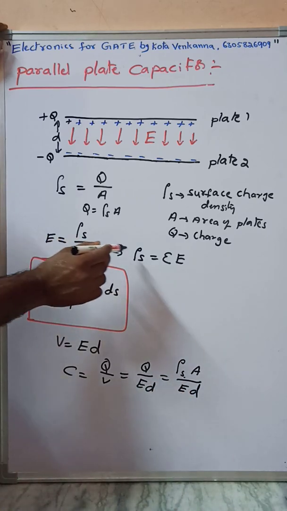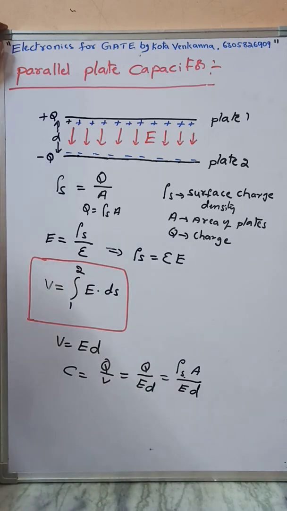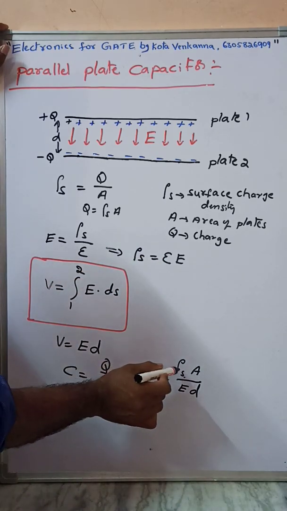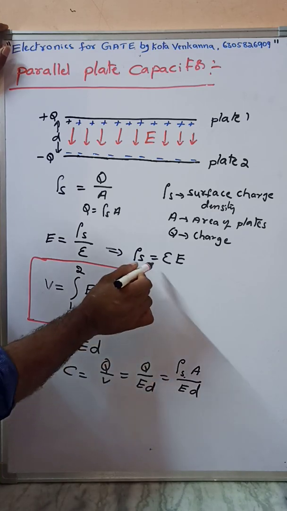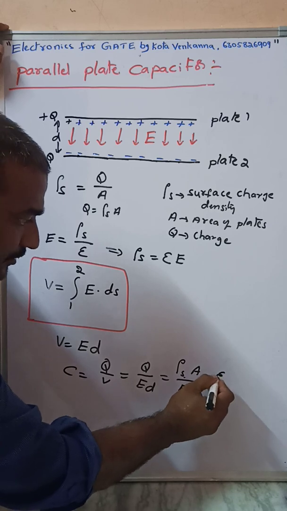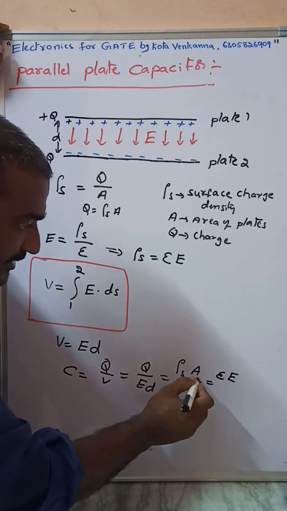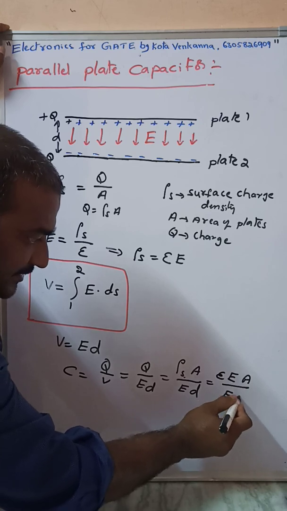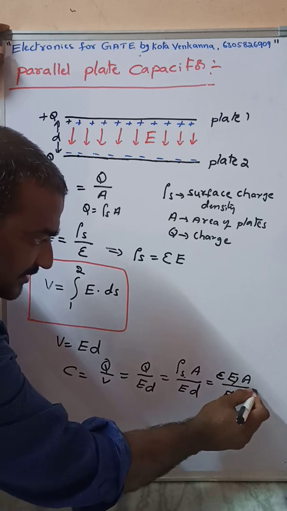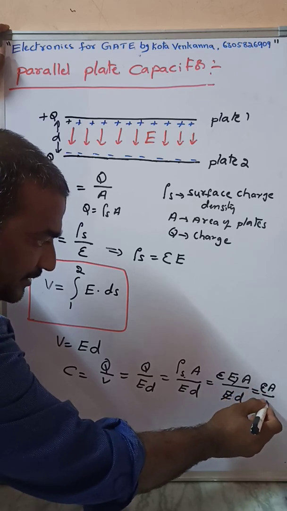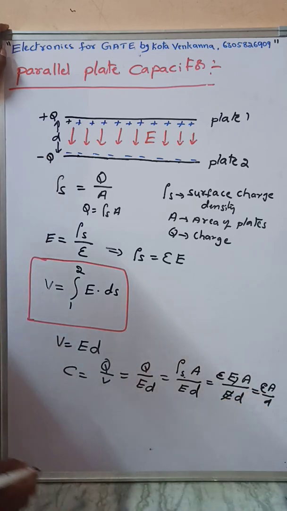Then rho s is equal to epsilon into E, so C is epsilon into E into A by E d. E cancels, and the remaining value is epsilon into A by d.